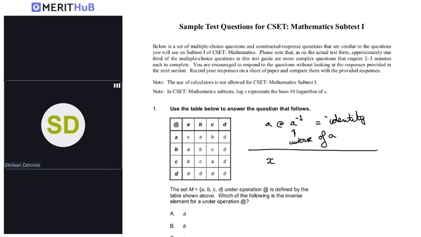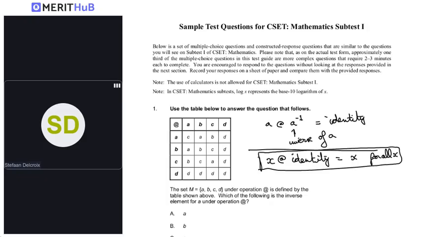When you operate an element with the identity, what do you get? Itself. That's the defining property of the identity.